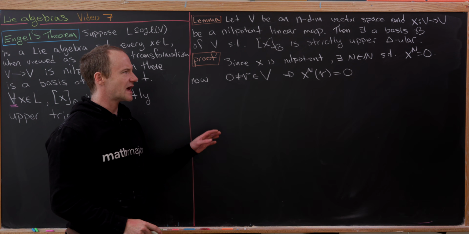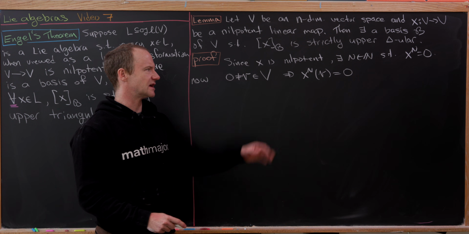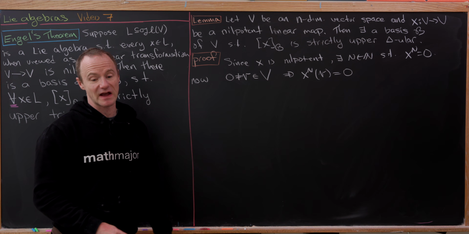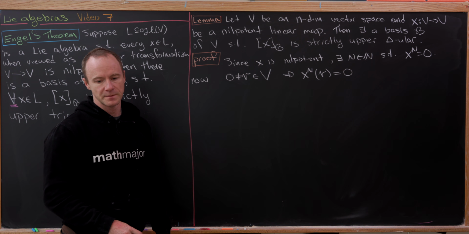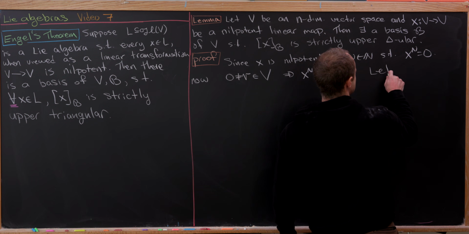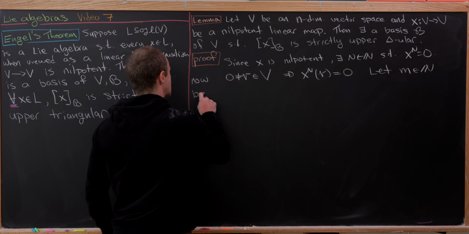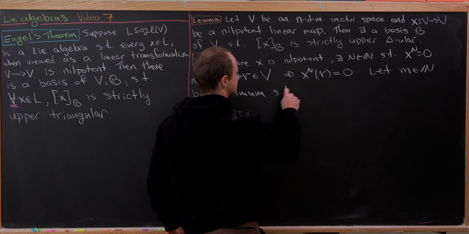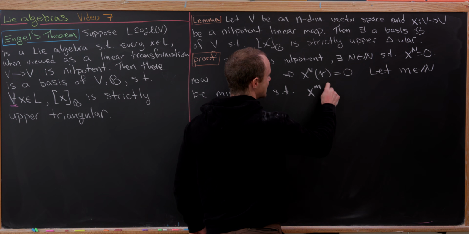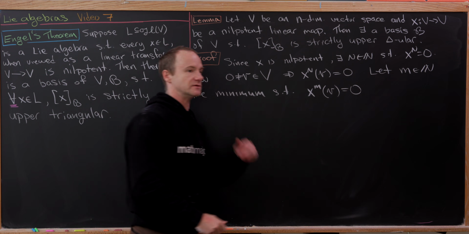Why is that? Well, that's because x is nilpotent, and x to the n evaluated at any vector is 0. Okay, so now what we want to do is let m, which is a natural number, be the minimum such that x to the m evaluated at v is equal to 0.